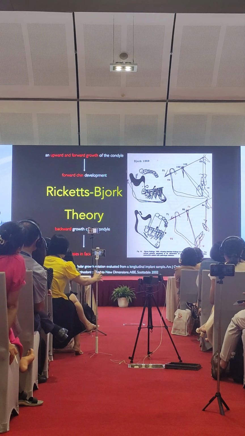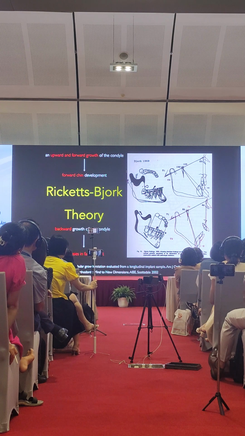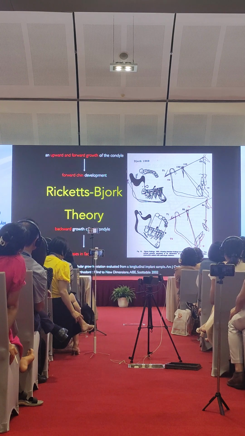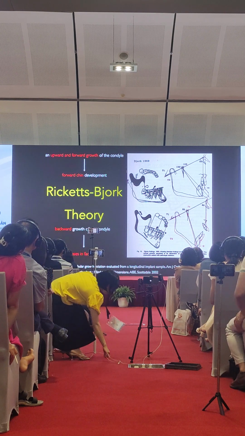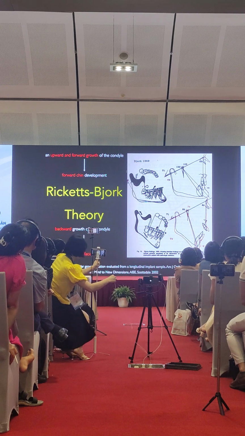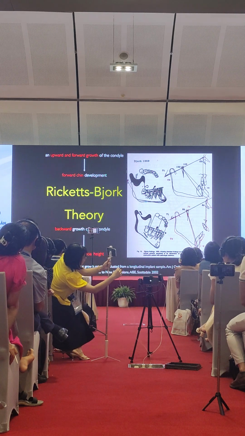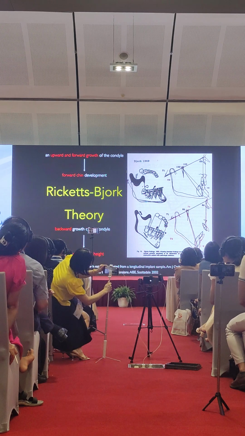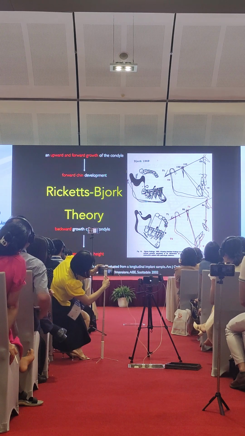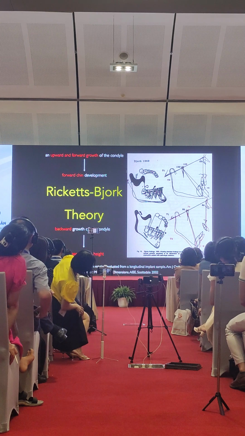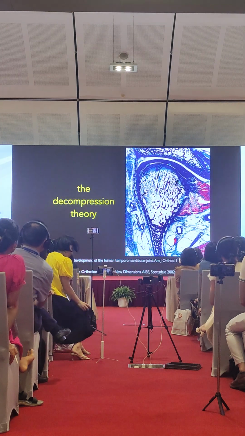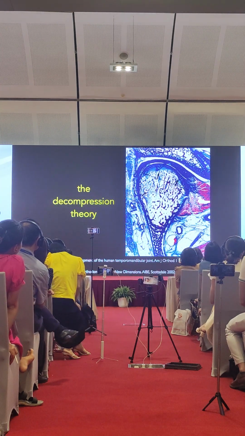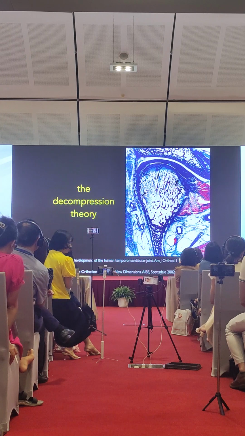And Bjork did the same research. He didn't mention Ricketts in his paper, but if you see the pictures, they are the same result. He showed this with implants. In fact, Ricketts called this the Ricketts-Bjork theory. And then he named this the decompression theory.